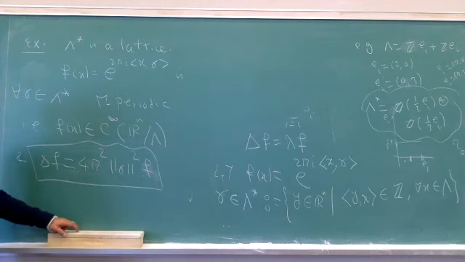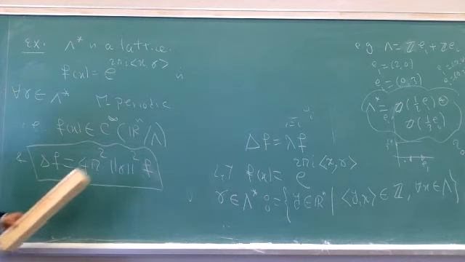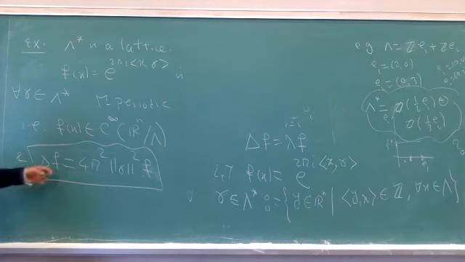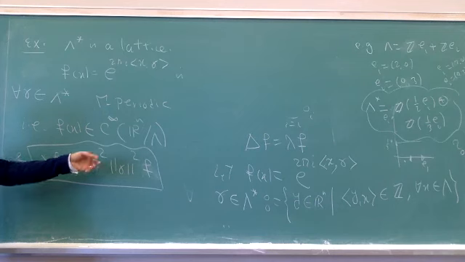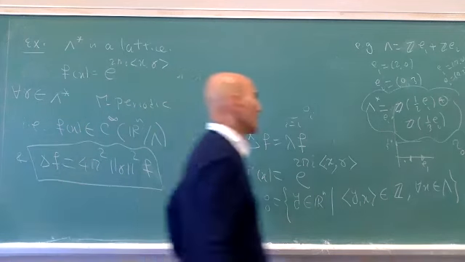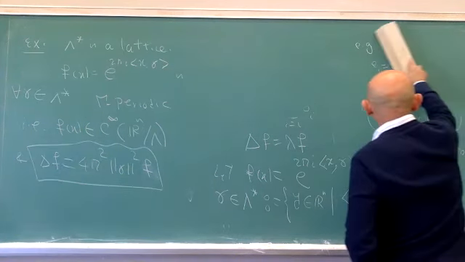Okay. So this calculation is easy. We have produced lots of elements which are in the kernel of Laplacian minus lambda, or eigenfunctions. So let me write it like this.